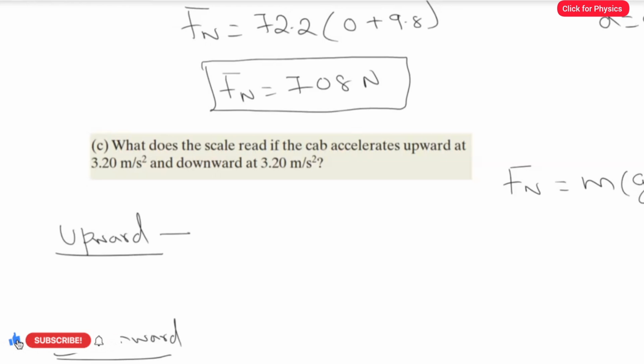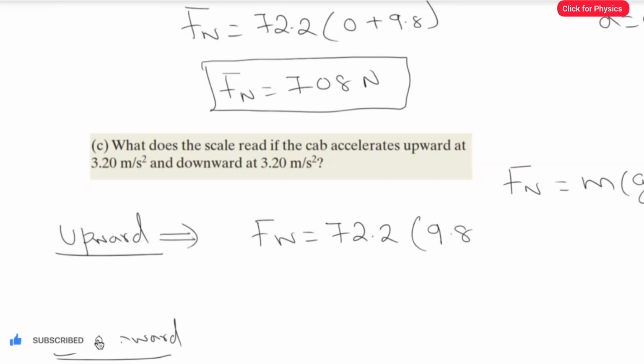So what do I have to do? Let's find the answer for the upward motion. So Fn is equal to the mass of the passenger, 72.2 kilogram, multiplied by (9.8 plus 3.2), since the acceleration of the elevator moving upward takes the positive value.